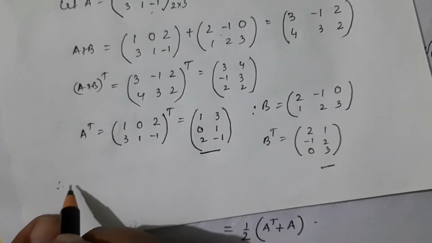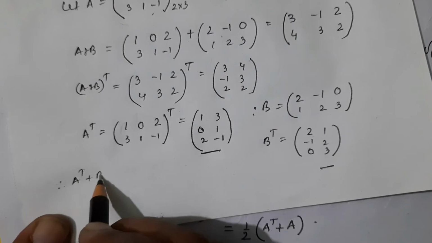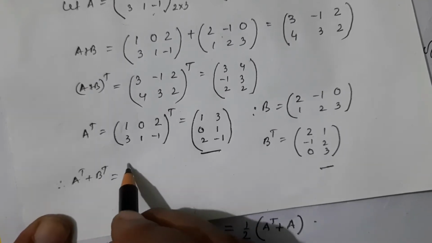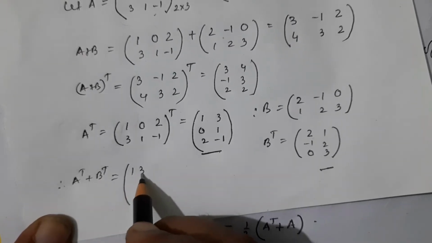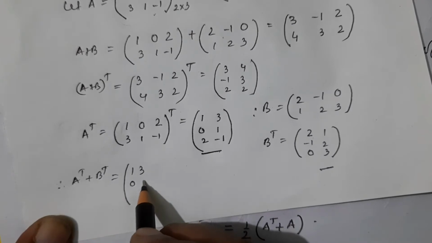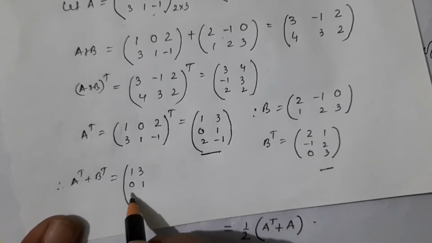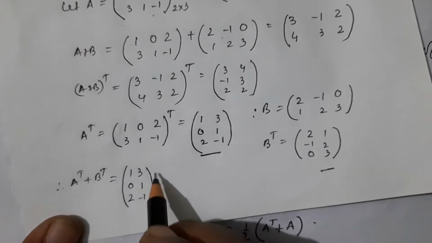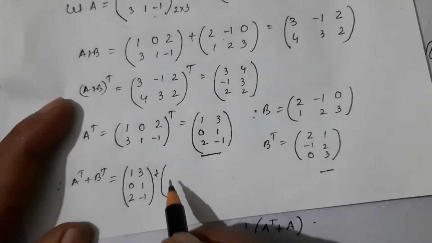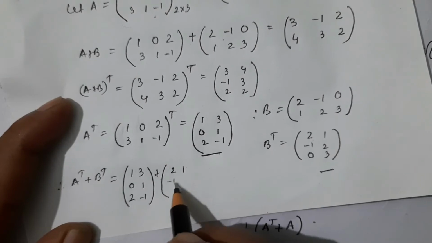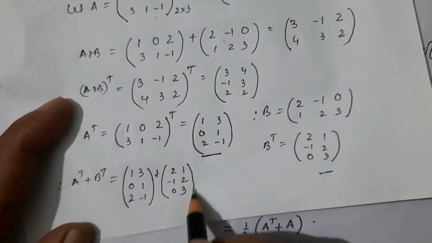So we just add this matrix and this matrix. Therefore A transpose plus B transpose is equal to 1, 3, 0, 1, 2, minus 1 plus 2, 1, minus 1, 2, 0, 3.